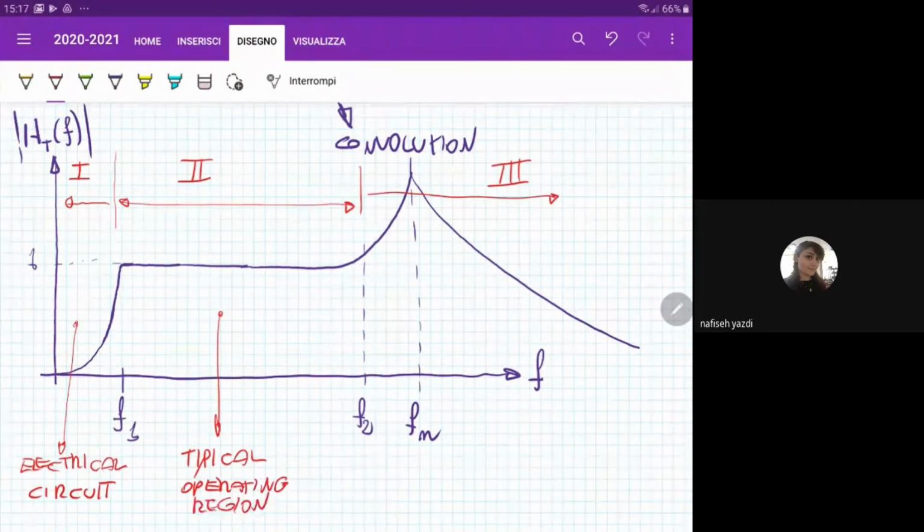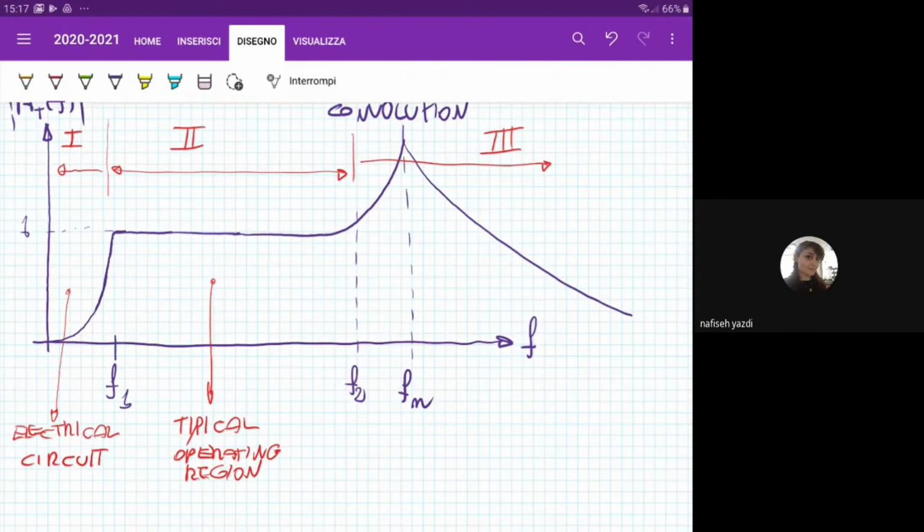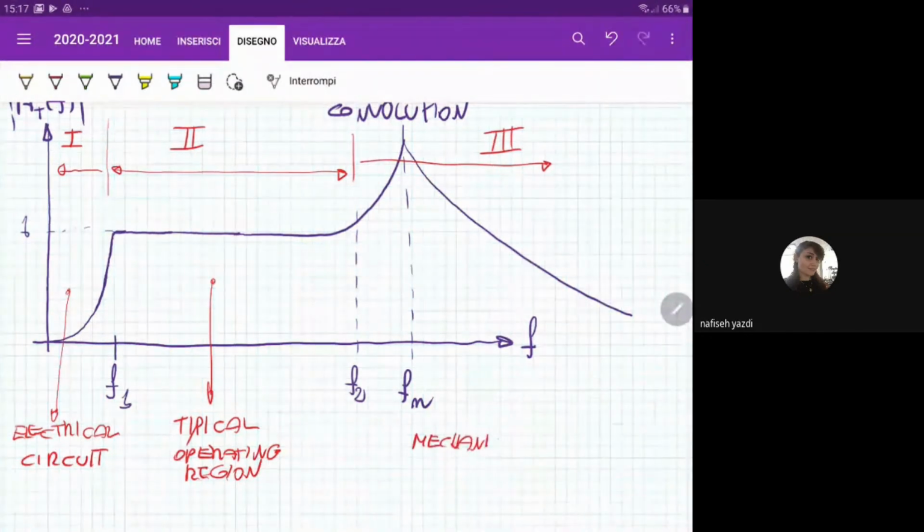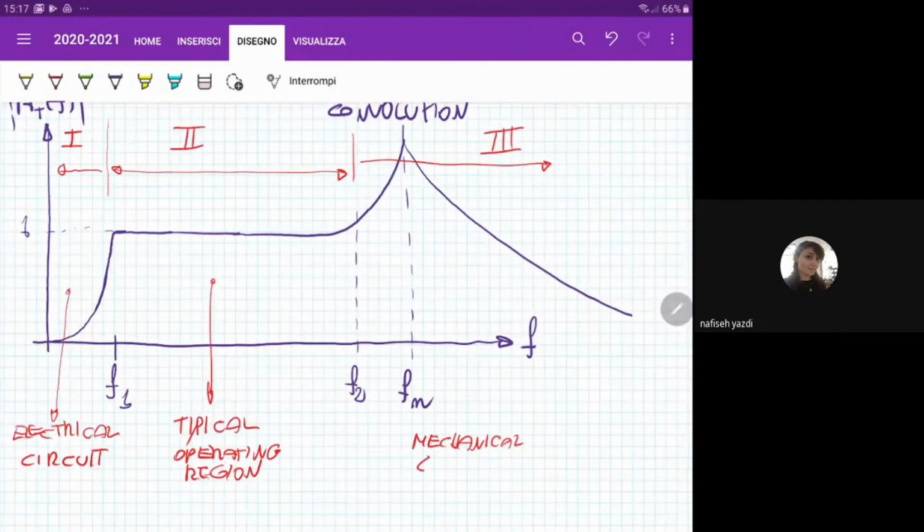Everything is perfect, ideal if you want. And then the third one is driven by the mechanical components: stiffness, the damper, the mass itself, okay? And they could be represented by the natural frequency.